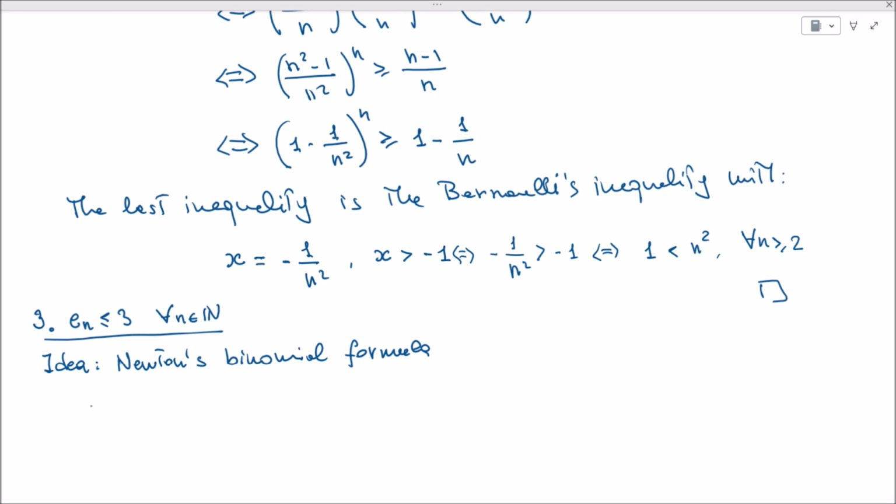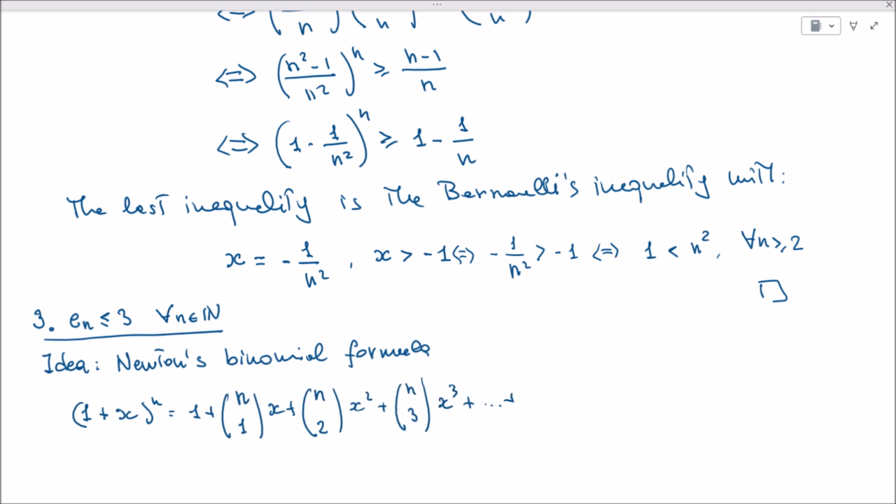If we want to express the power of the binomial (1 plus x) to the n, we know that we can write this as 1 plus n choose 1 x plus n choose 2 x squared plus n choose 3 x to the cube plus and so on, up to n choose n x to the n.